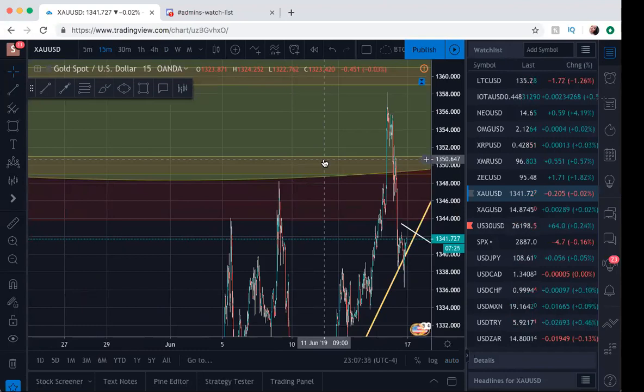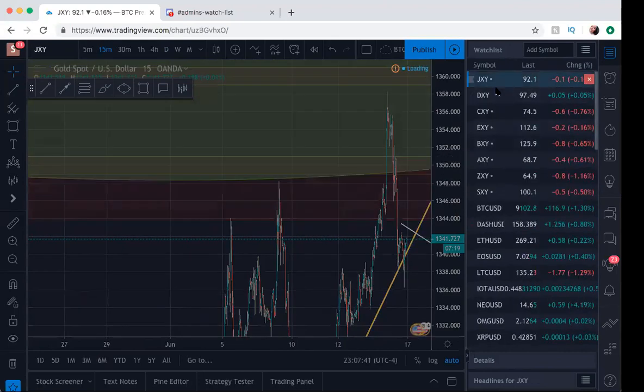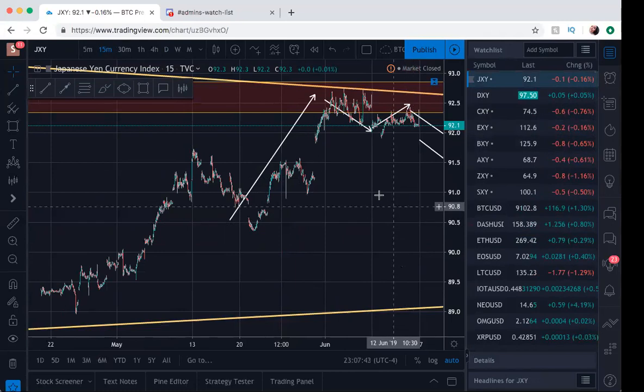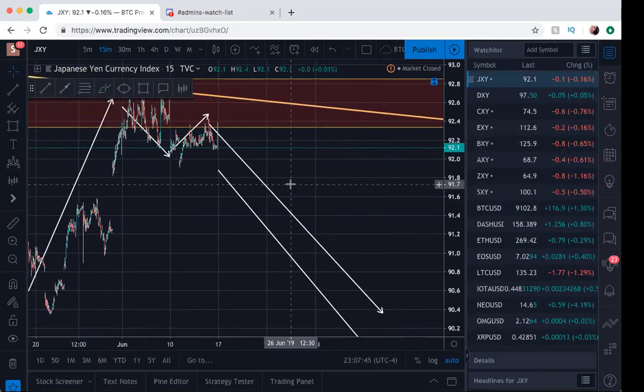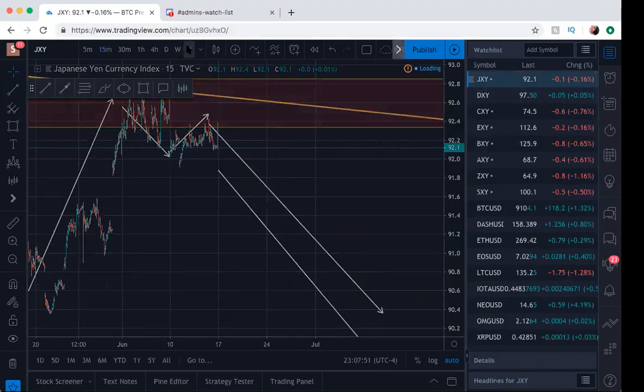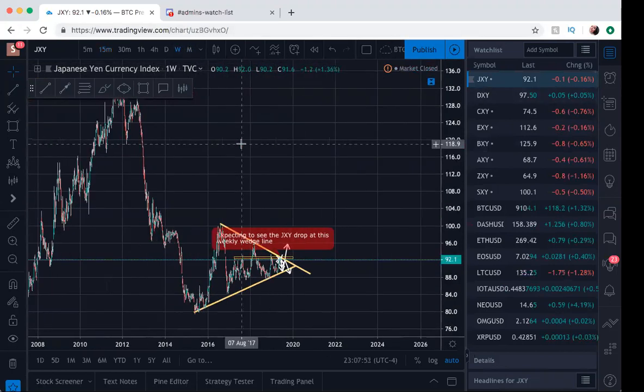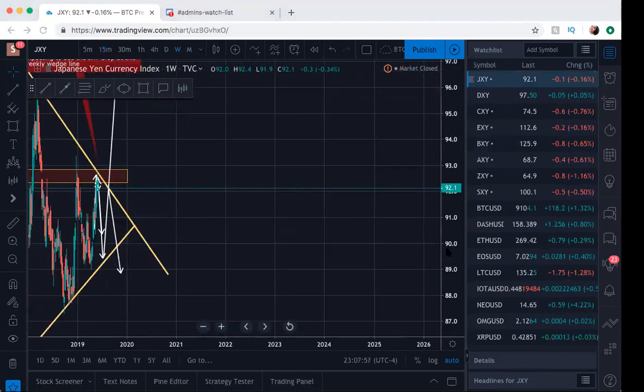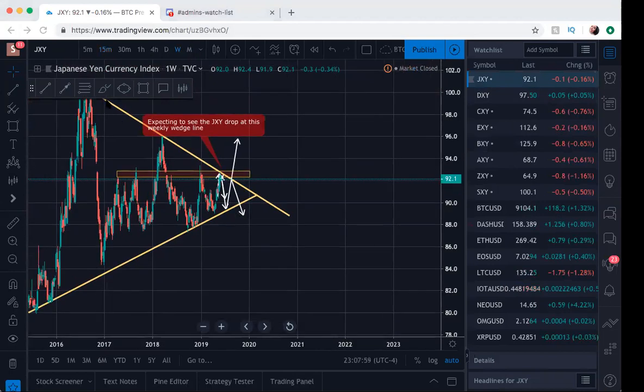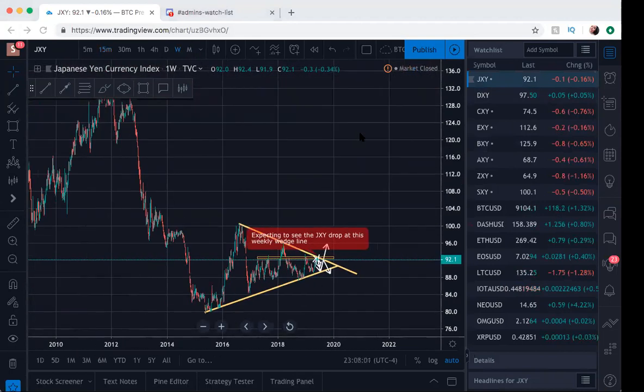Start top-down analysis with everything. And again, tying into this whole Zoom call, you want to be starting your analysis on these indexes. Because looking at JPY, the yen currency index, the JXY, we're looking at potentially a huge bearish sentiment entering the market because we have this wedge.